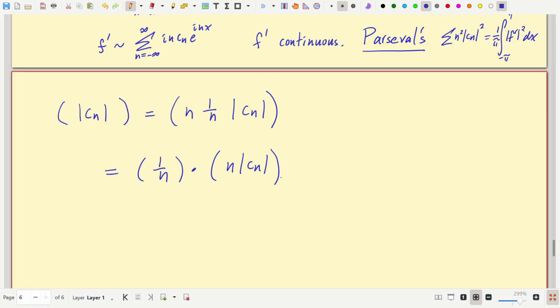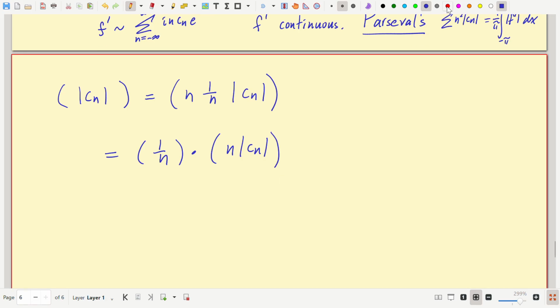Yeah, and now I would use the Cauchy-Schwarz. So let's see. Yeah, these are all positives. So this would be less than or equal to, by Cauchy-Schwarz, a sum of 1 over n squared, and it would be 2 times the usual, from 1 to infinity.